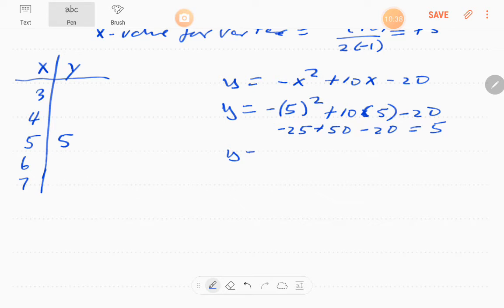We could do the same thing with the 4, substituting in. So here we get minus 16 plus 40 minus 20, which should equal 4.